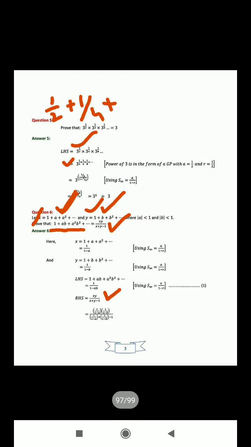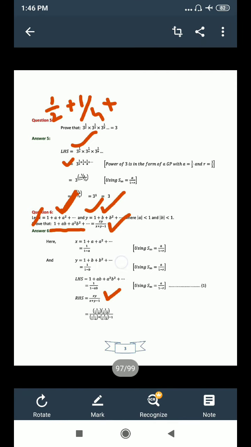This question is quite important and you have to do it carefully. I am again repeating the method. You get the value of x using the infinite GP. You get the value of y using the infinite GP. You get the value of left hand side using the infinite GP.